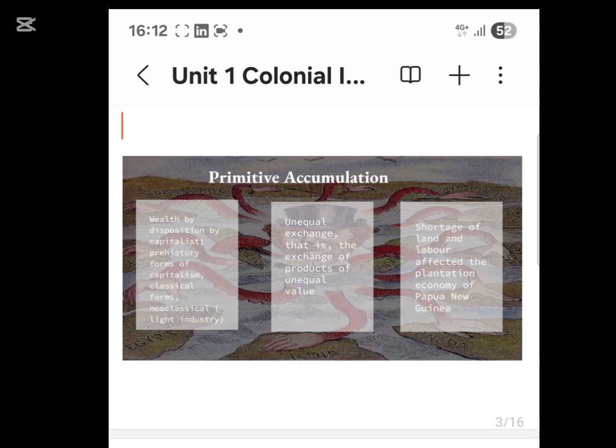So two forces, the shortage of land and the labor shortage, affected the plantation economy in Papua New Guinea. Okay, and we'll find out how that also affects the overall structural economy of Papua New Guinea after 1945.